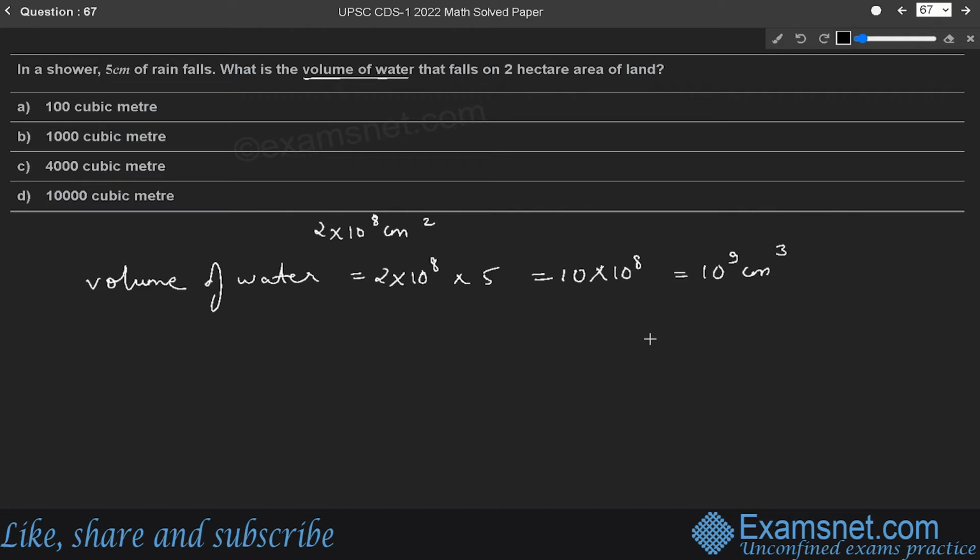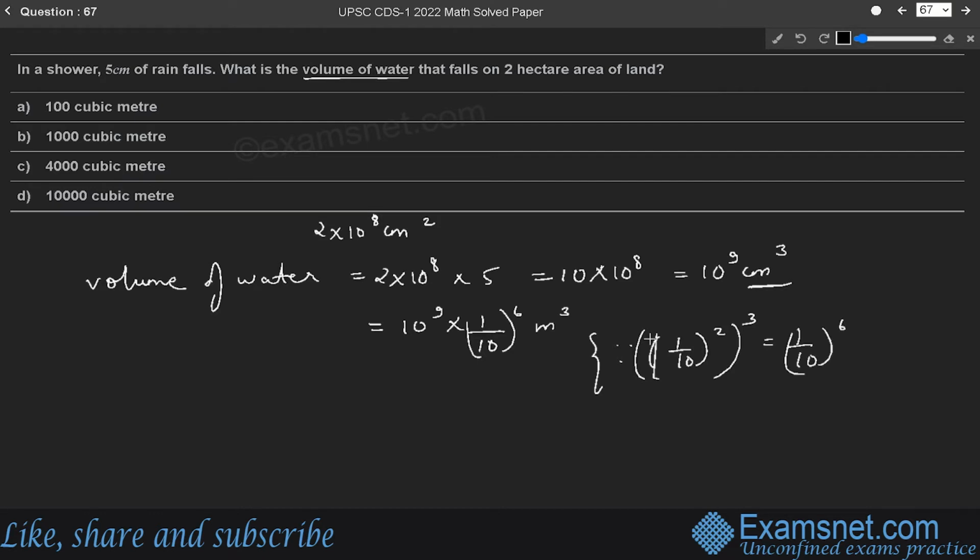Now we need to convert it into meter cube because it is in centimeter cube. So it will be 10 to the power 9 into 1 by 10 to the power 6 meter cube, since we know that 1 by 10 whole square and whole power 3 is equal to 1 by 10 to the power 6.